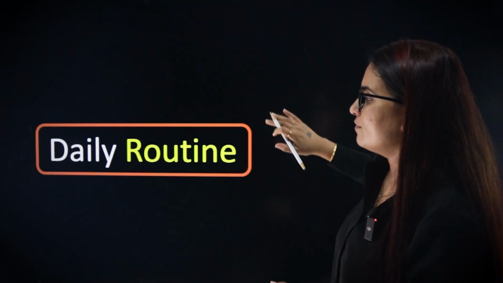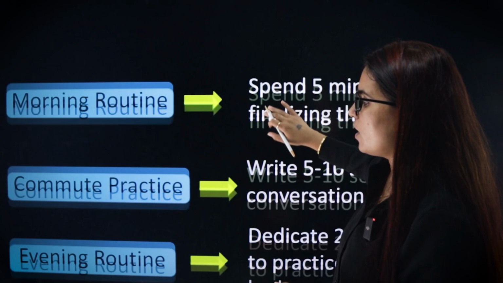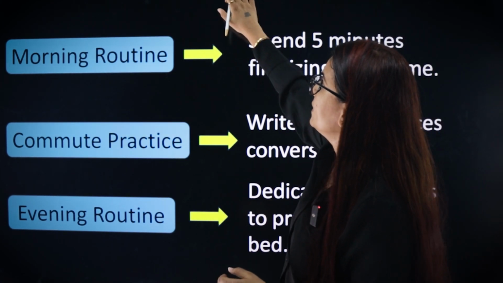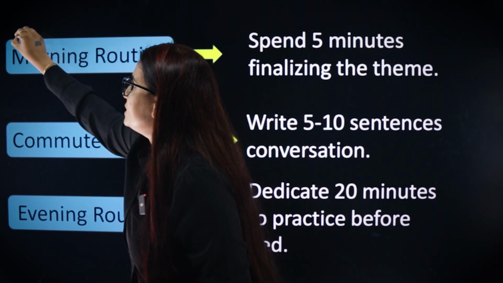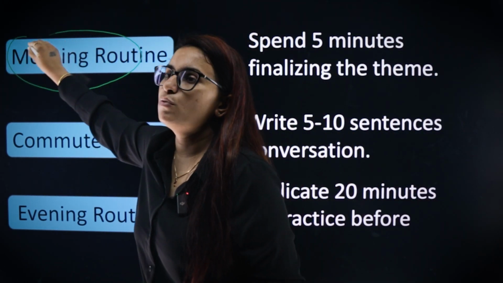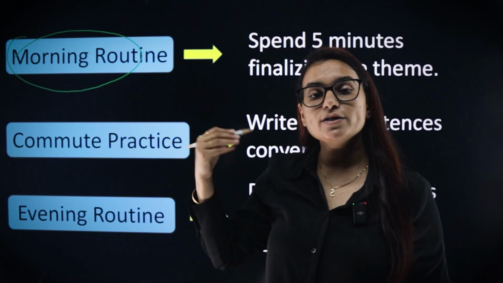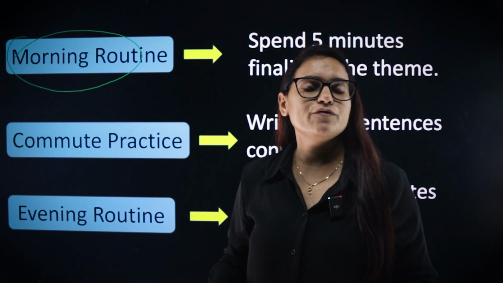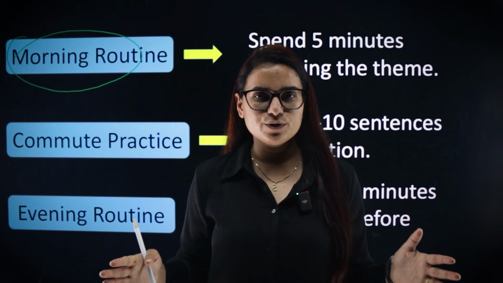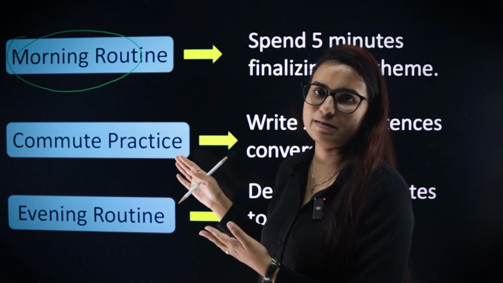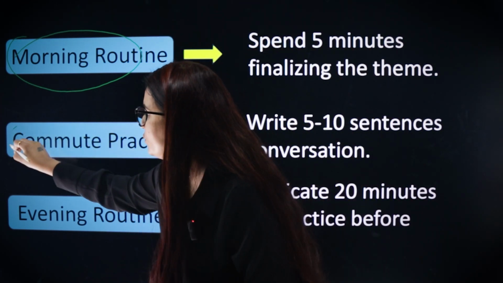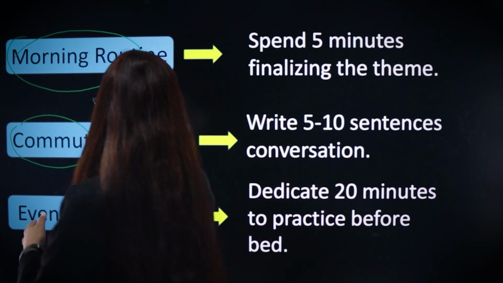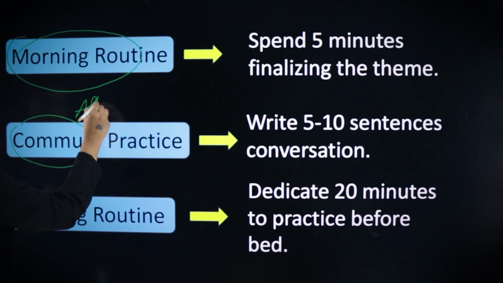Moving on, we have the daily routine task. This is how your daily routine will look. In your daily routine, the first thing you will be doing is in the morning. If you are going to a job, this method actually fits into your schedule. If you are at home, you don't have to go anywhere. Still follow the same method. Instead of saying commute, you can just say afternoon practice.